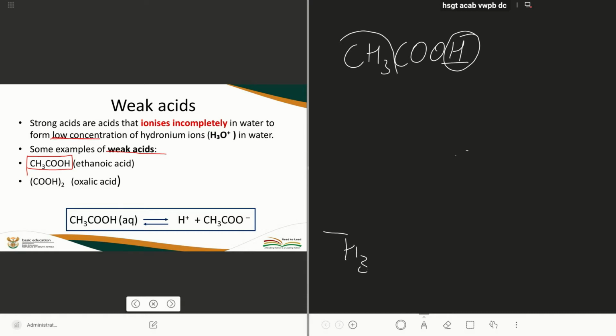You cannot take any hydrogen from the CH3, starting from the knowledge that you gained from organic molecules. These are untouchable hydrogens. So the only hydrogen that can be donated is this one. That is why it will tend to be CH3COO minus. And we are going to refer to it as a monoprotic acid.